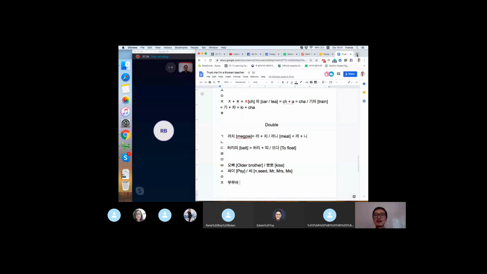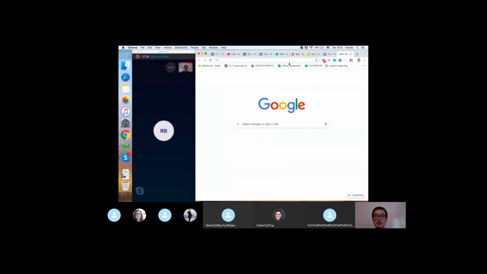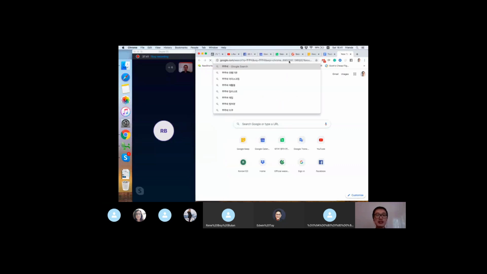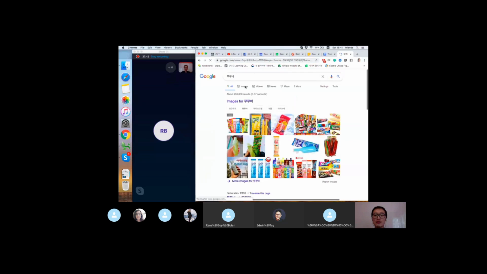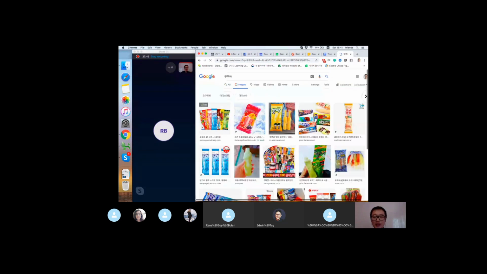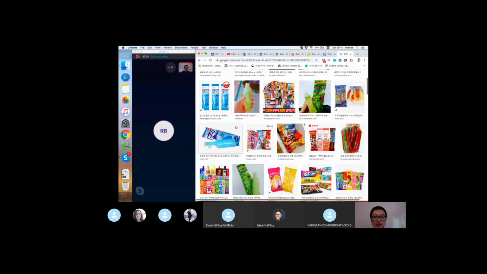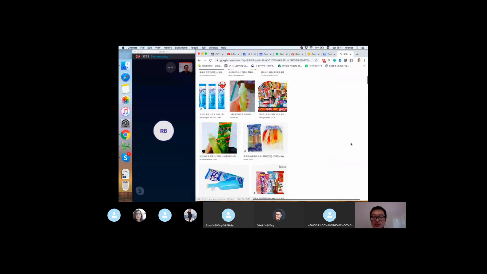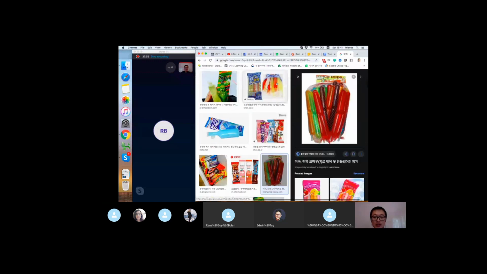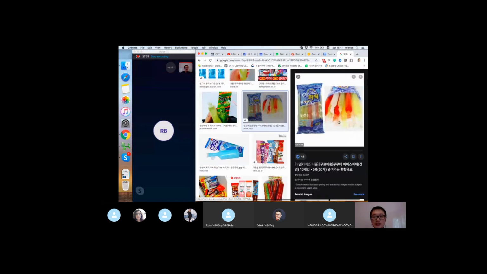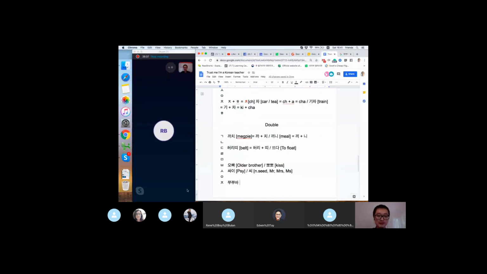What is it? Because I am sharing the screen, I think you can see my screen. It's a type of ice cream. So you see this type, this one, or this one, and we call it zhu zhu ba.